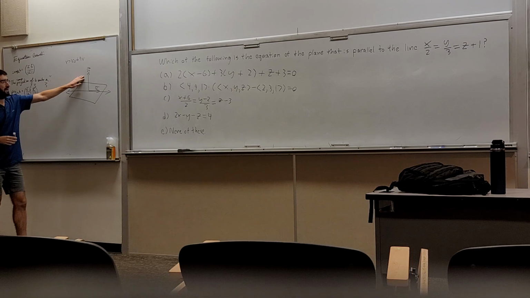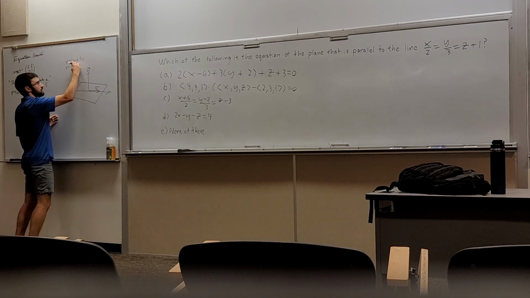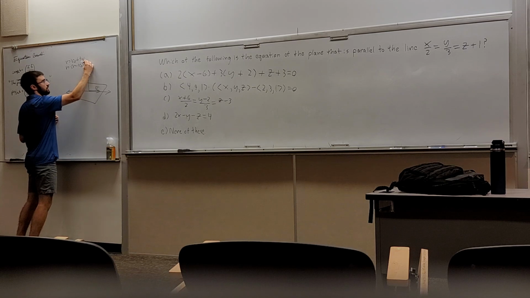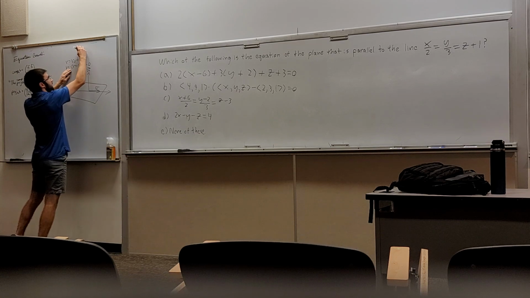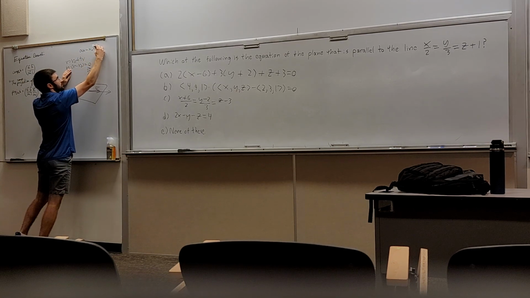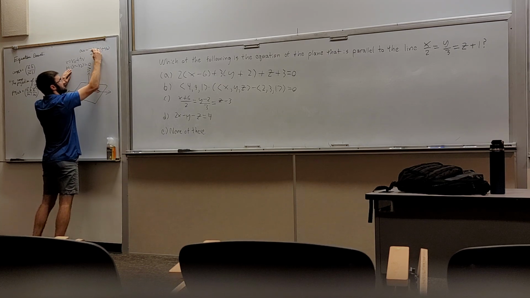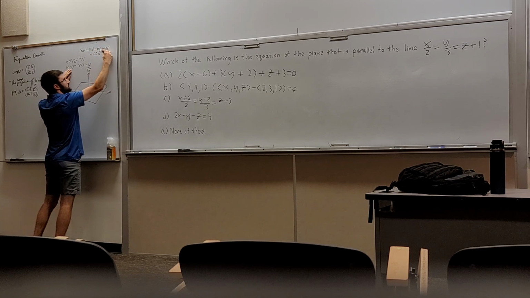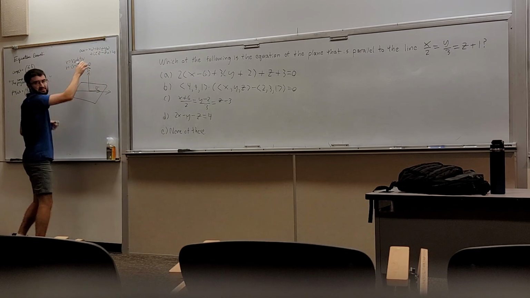And we know how to find n, because the equation of a plane is usually n dot r minus r naught equals 0, where if you were to expand this, you would get a(x minus x naught) plus b(y minus y naught) plus c(z minus z naught) equals 0, where n is the same thing as the vector a, b, c.